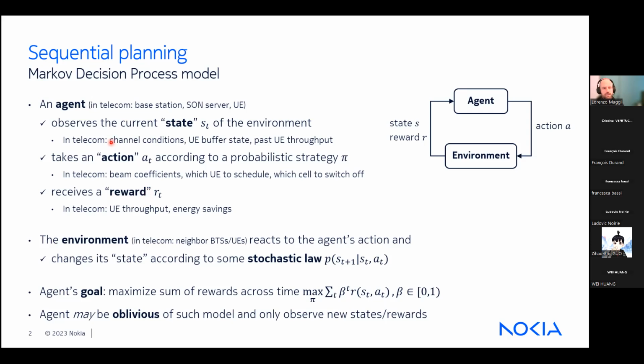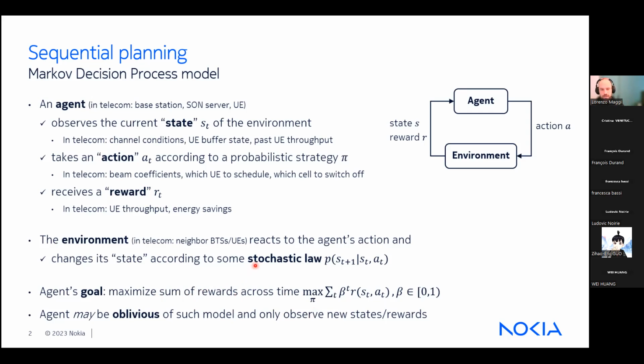And the agent does one thing, takes an action in each state at each time step. So we're in a state, we take an action, and we observe a reward. The goal is to maximize the sum of rewards over time.